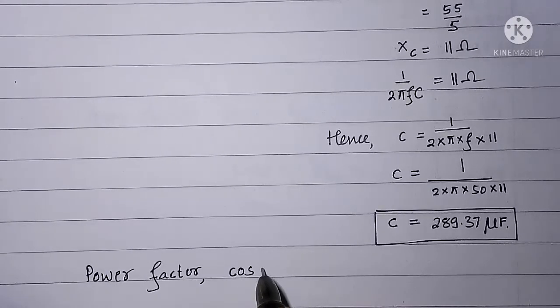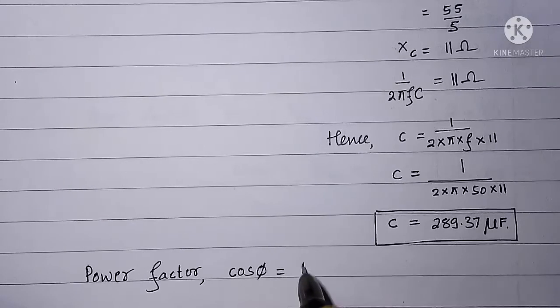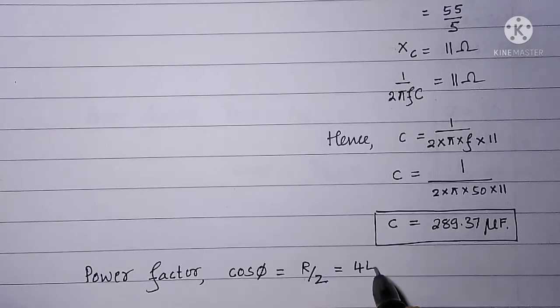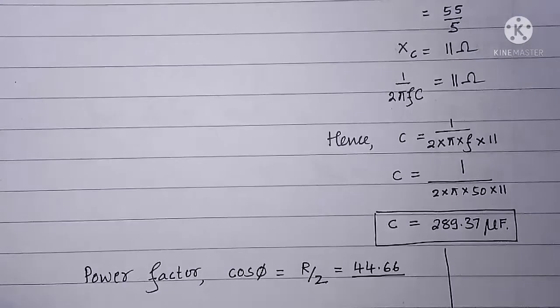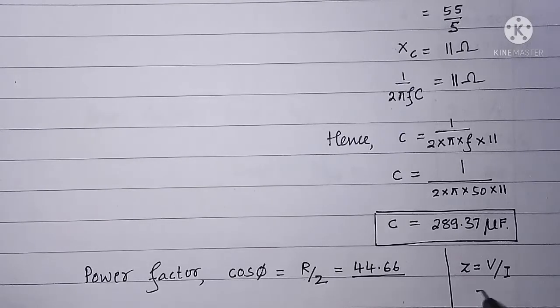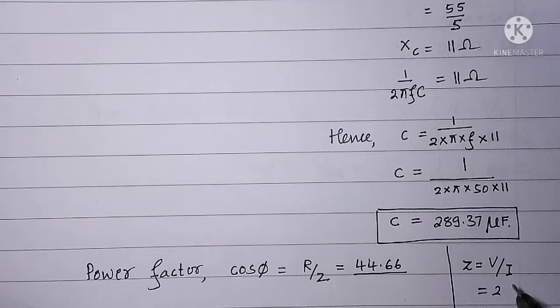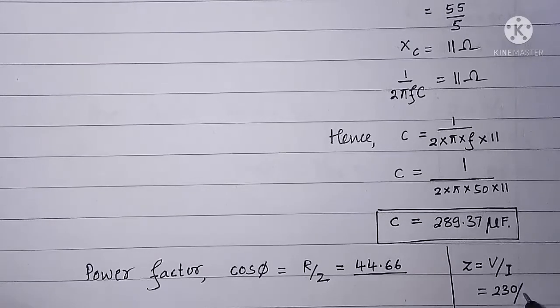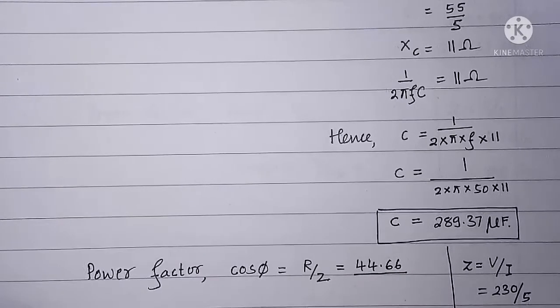Power factor cos phi is equal to R by Z. R value is 44.66 and Z we can calculate as V by I, that is supply voltage upon supply current, 230 upon 5, which becomes equal to 46 ohm.